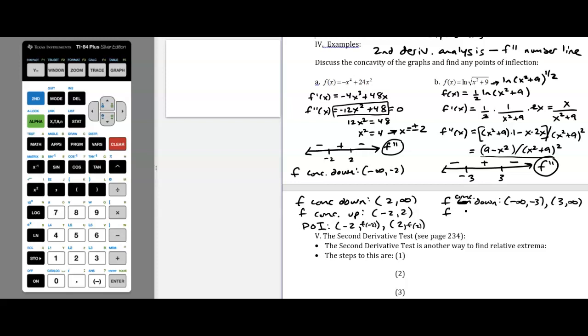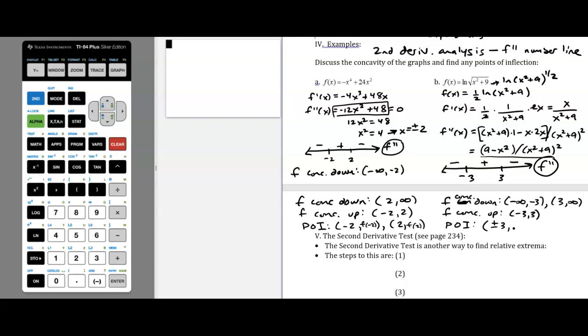And then f is concave up on the interval from negative 3 to 3. We can also say that our concavity is in fact changing at those places. So again, we have points of inflection at plus or minus 3.